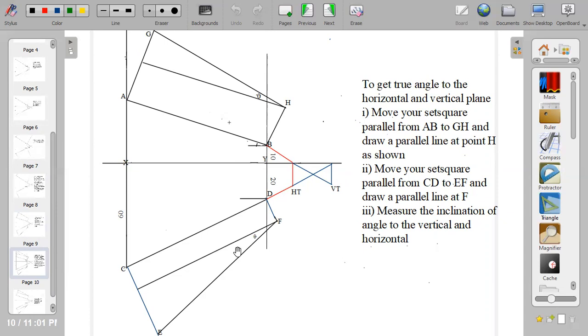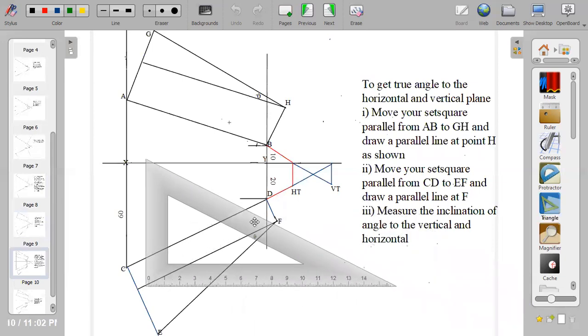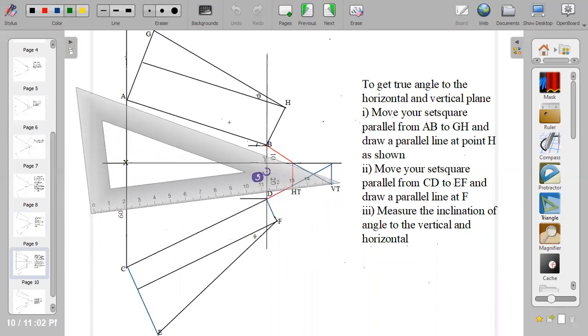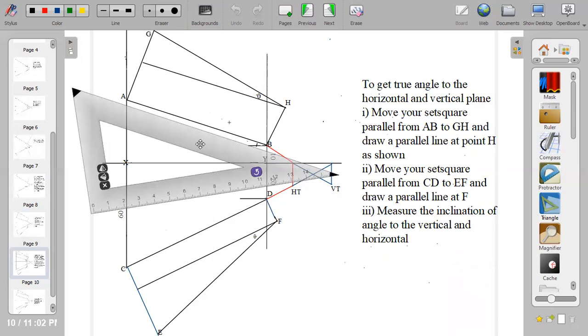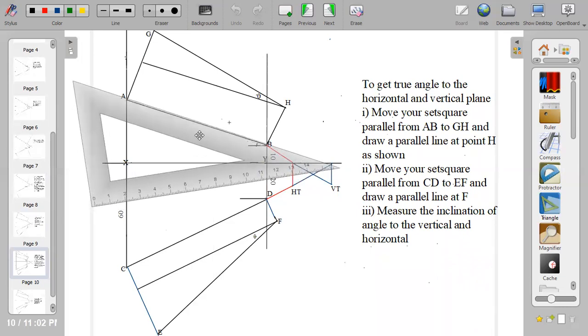So how do we get the true angle of inclination? If you want to get the true angle, just bring out your set square. Place it on line AB.